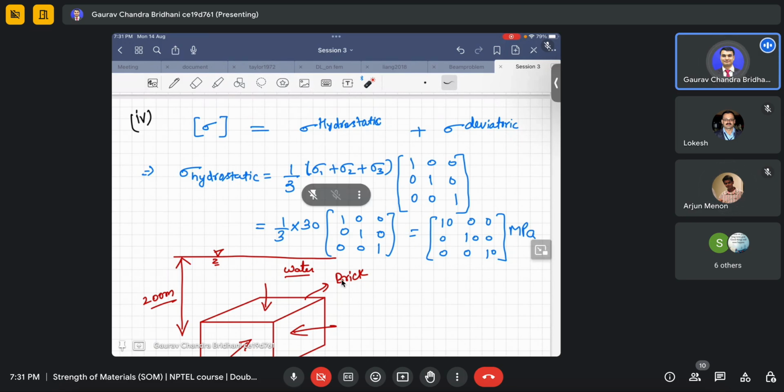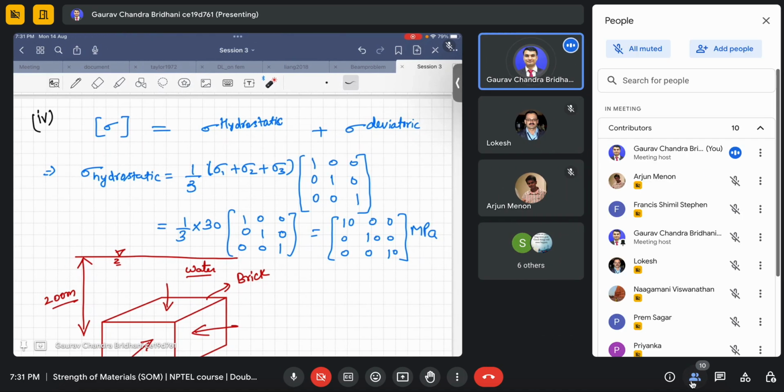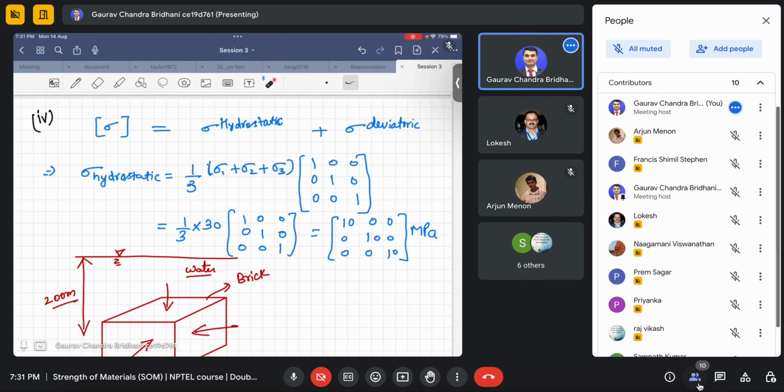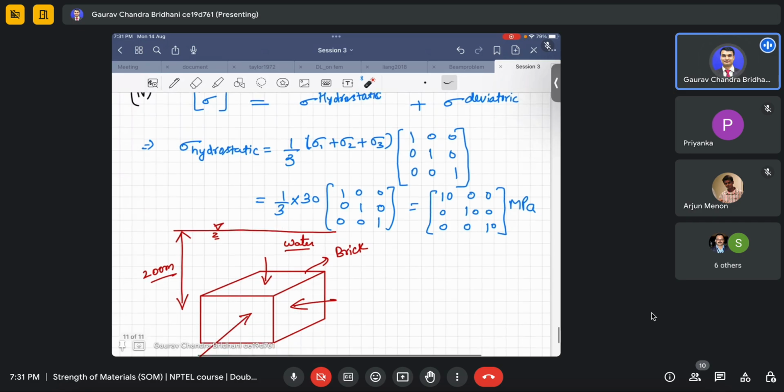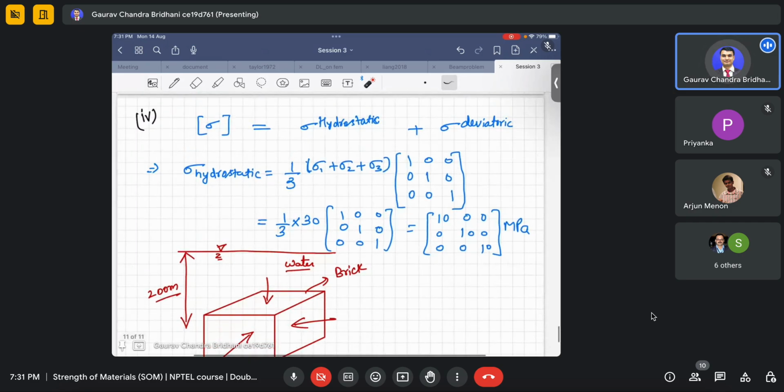I think Priyanka was also asking a question. Okay, thank you. As you can see, the hydrostatic part depends on the stress invariant, and the stress invariant does not change with the representation of the stress tensor, whatever the components are.